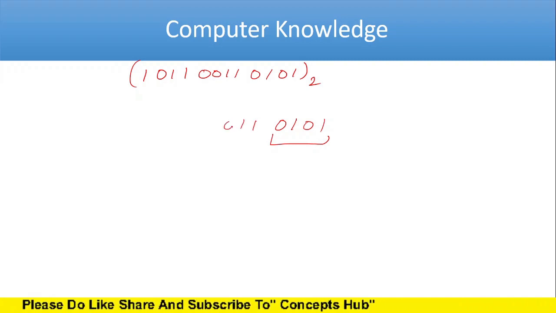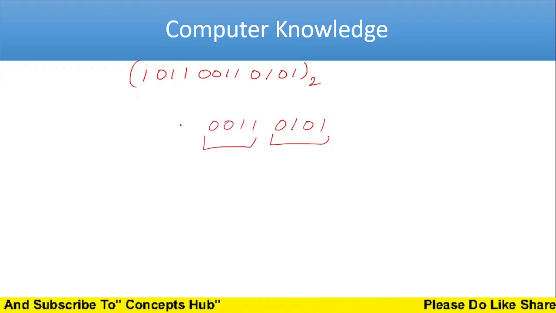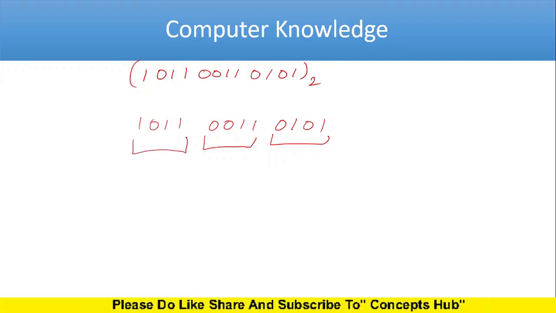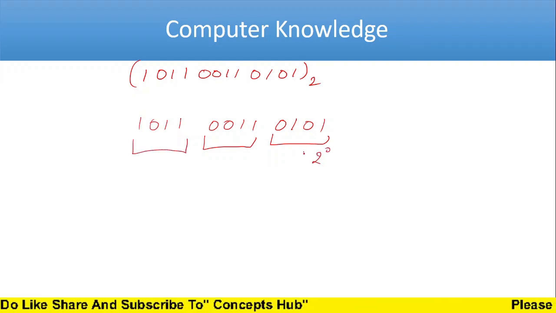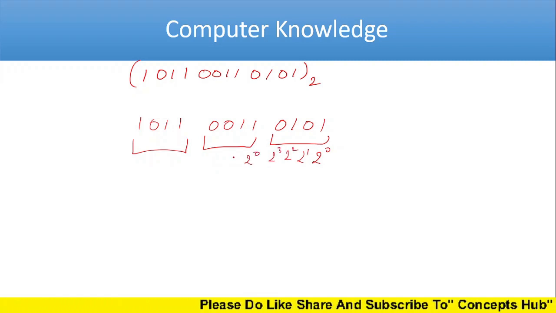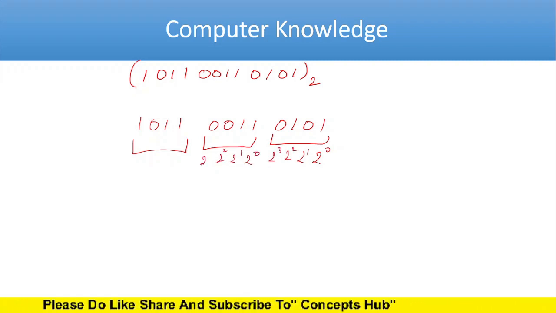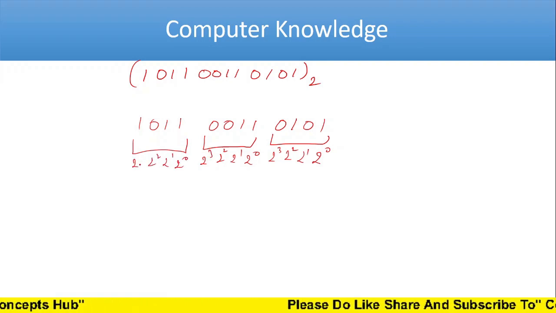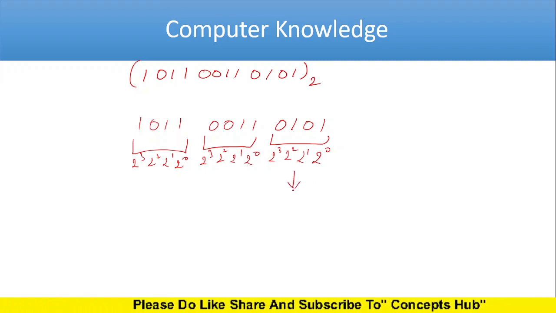So 1 1 0 0. Here we have bits of 4, so no need to add any extra zeros. So 2 power 0, 2 power 1, 2 power 2, 2 power 3, for each group.